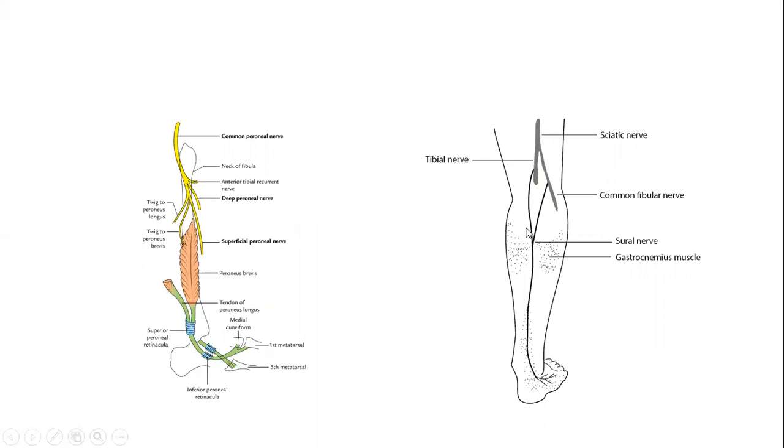Sural nerve arises from the tibial nerve within the popliteal fossa, continues to run vertically down deep to the two heads of gastrocnemius, continues to run down vertically, where in the lower half of the posterior part of the leg, it pierces the deep fascia, becomes subcutaneous, and in the lower part of the center of the posterior part of the leg, it replaces the posterior femoral cutaneous nerve of thigh in its area of distribution.